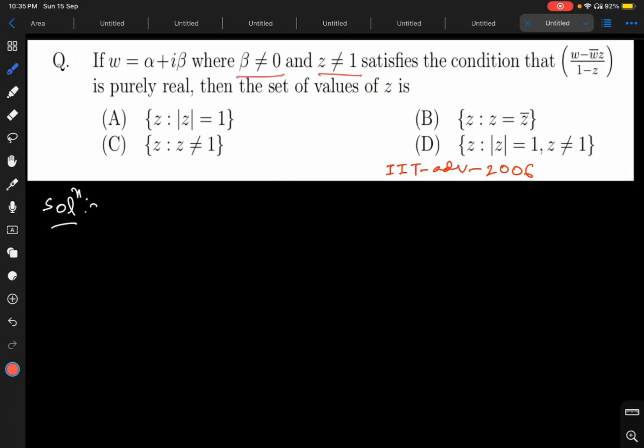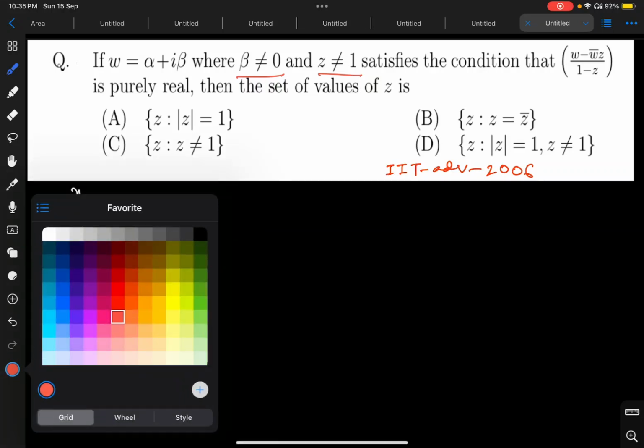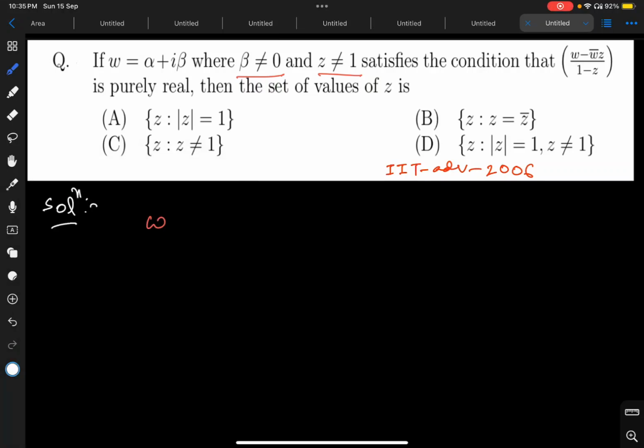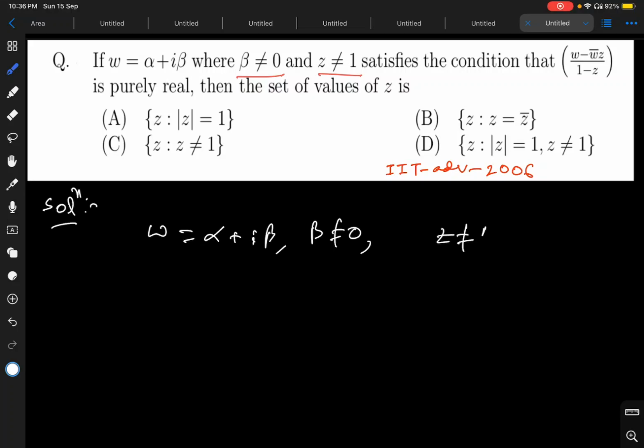Okay, first students, omega is a complex number of the form alpha plus i beta where beta is not equal to 0, and in the statement of this given problem it is clearly written that z is not equal to 1.